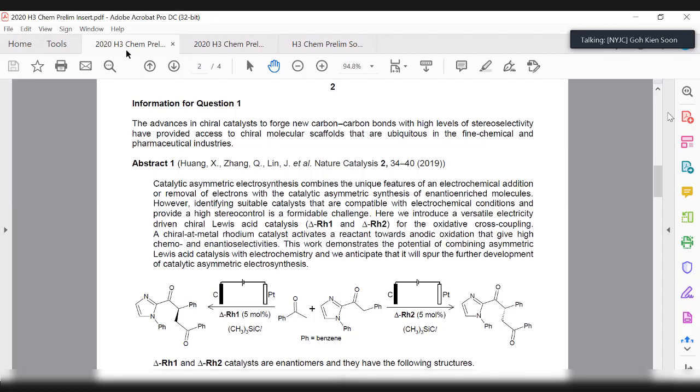I remember I typed something like sustainable methods of protecting the environment or something like that. Think of a theme. So many things came out. But one of the papers that actually popped up was this one here, something about synthesizing C-C bonds using electrolysis, right?